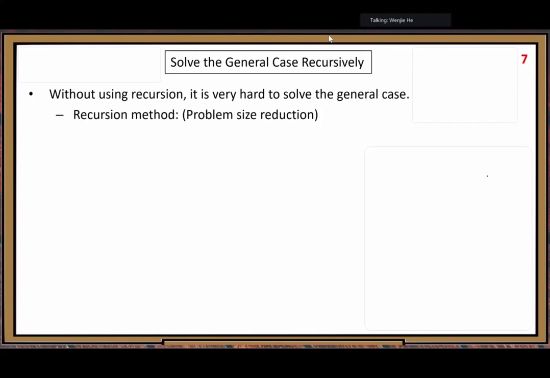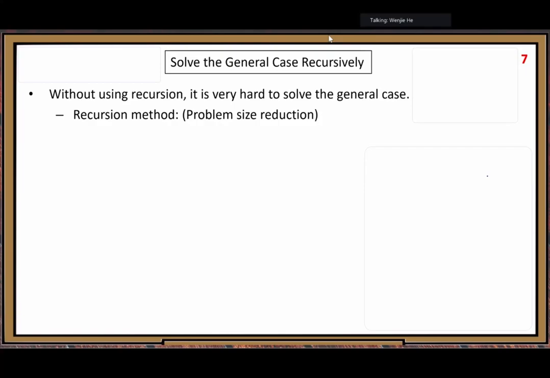Here, another thing in our understanding: why in this situation does the recursive method help a lot? Because inside the recursive algorithm, there is an important work we do, that is problem size reduction.